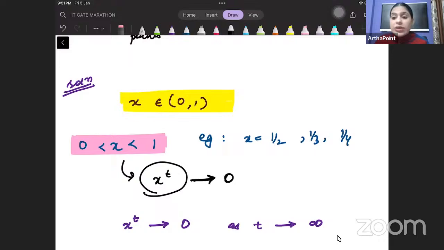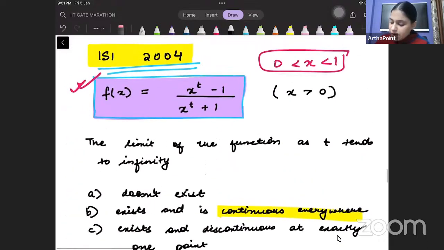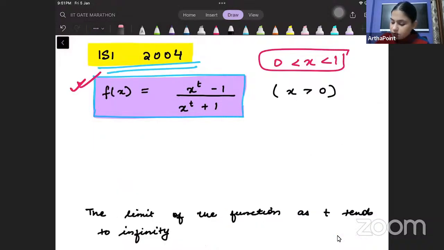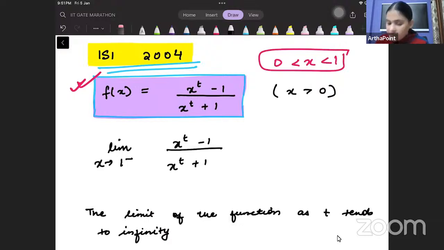Right? So if I solve this, if I take the limit, I am approaching 1, but I have a value less than 1. And I just take x to the power t minus 1, x to the power t plus 1. So what do I notice?